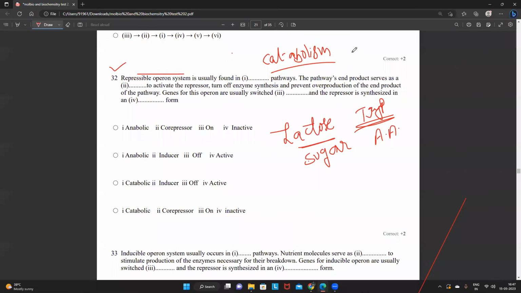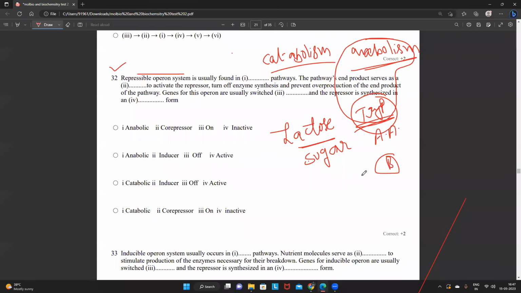Catabolism is breaking down. Anabolism is what, friends? We are synthesizing something in our body. So what can we synthesize? Obviously, everyone remember, we are going to synthesize the amino acid tryptophan. I have already told you, right? Suppose I am a bacteria.